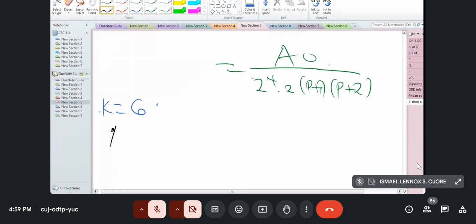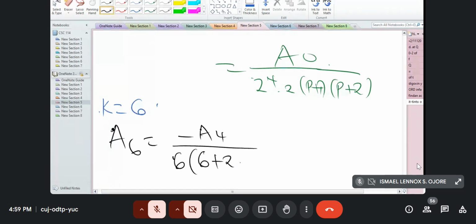A sub 6 equals minus A4 divided by 6 into 6, 6 plus 6 plus 2P. What do we do? Minus A4 first. We factor out what is common in the bracket, right? So what is common in this case? 2, 3 plus P.